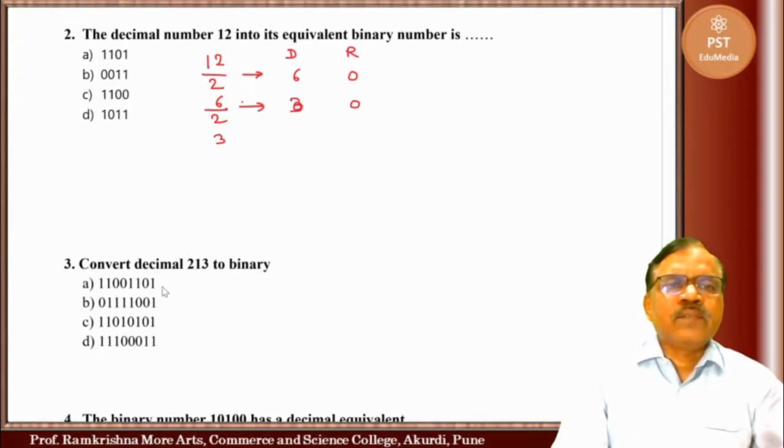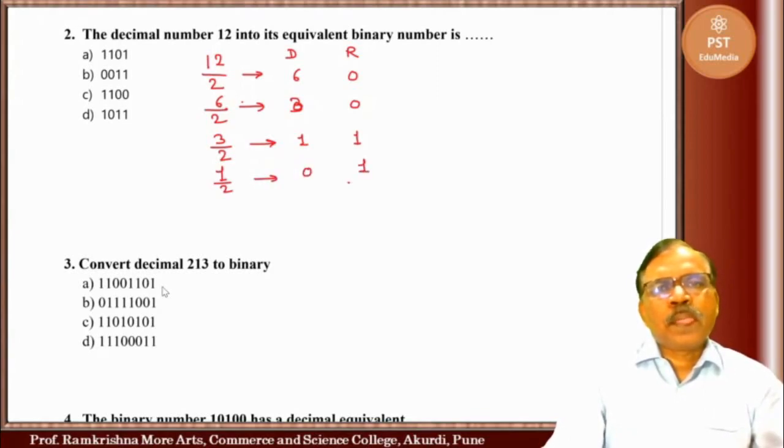Then 3 by 2, division is 1, remainder is 1, and then 1 by 2, division is 0, remainder is 1.